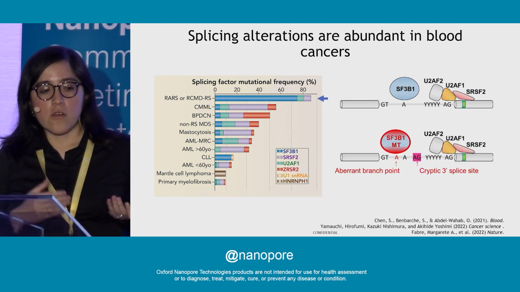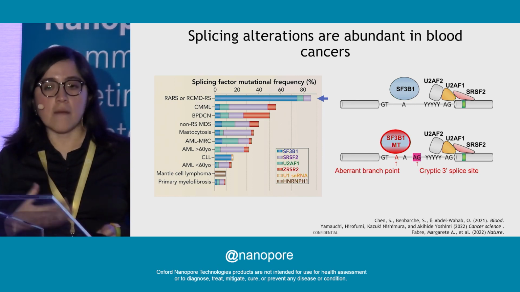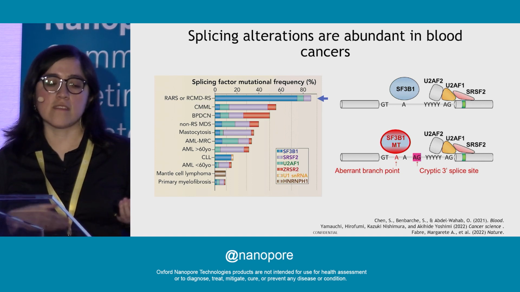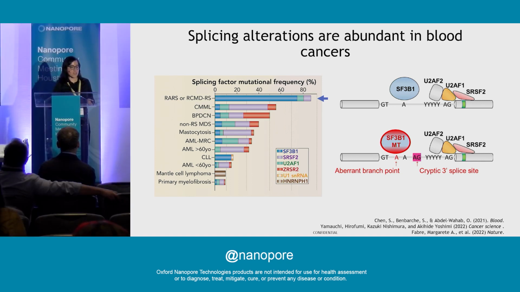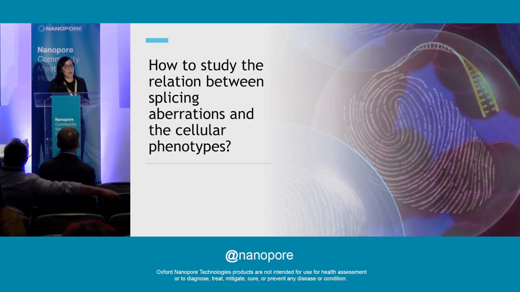And the aberrant form of SF3B1 tends to have an aberrant recognition of the 3' splice sites, leading to several alterations, including part of the intron in the transcripts, which often leads to the creation of aberrant proteins and degradation by NMD. Therefore, we wanted to understand the relationship between the splicing aberrations and the cellular phenotypes that are observed in the patients with hematological diseases.